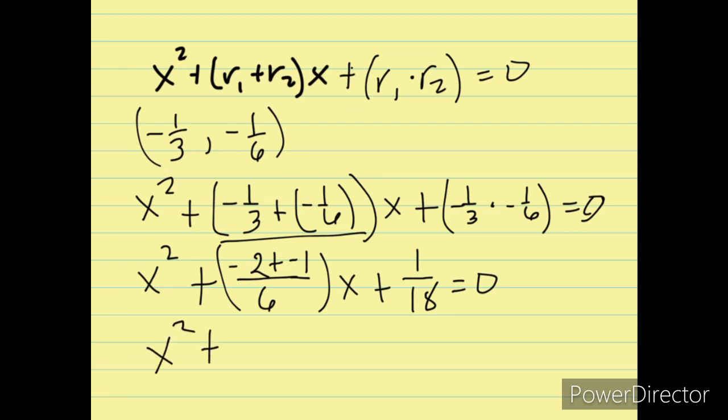Now x squared plus negative 2 plus negative 1, negative 3 over 6 x plus 1 over 18 equals 0.